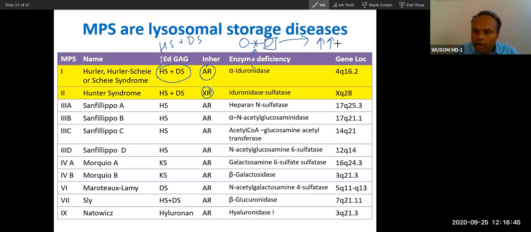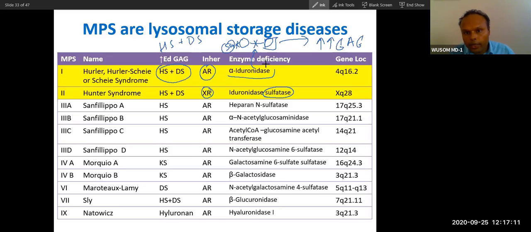There will be increased accumulation of glycosaminoglycan. And there is a second enzyme, iduronate sulfatase. What does this enzyme do? There is a sulfate group in iduronic acid, so this will remove the sulfate group here. Which is the more important enzyme among these two?